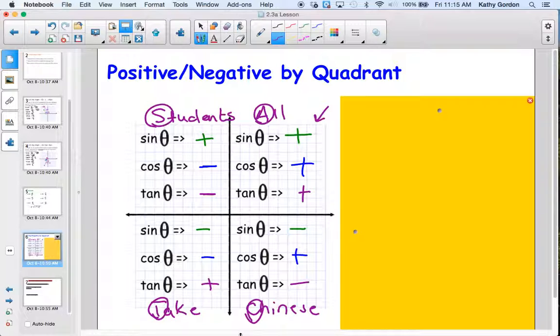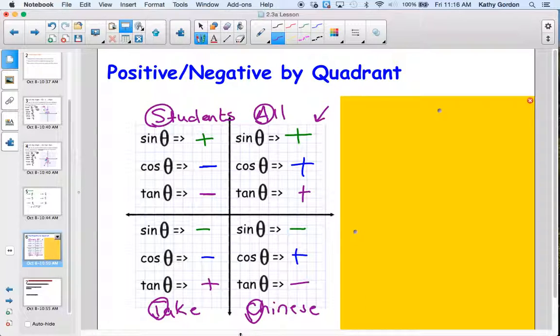In the second quadrant, the only positive is what? Sine, S. In the third quadrant, the only positive is tangent, T. In the fourth quadrant, the only positive is cosine, C. So all students take Chinese means that everything's positive here, only sine is positive here, only tangent is positive here, only cosine is positive here.